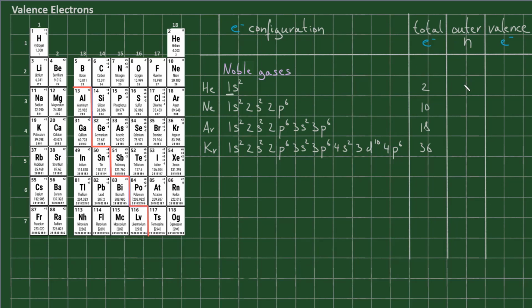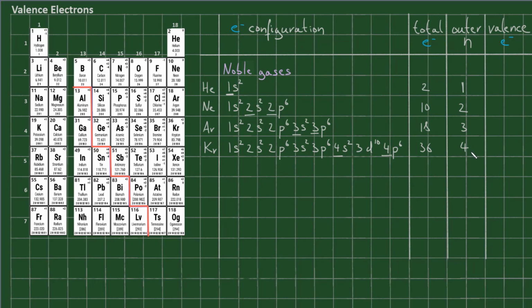So I'm going to write 1 in my outer n column. For neon, the highest principal quantum number is 2. So that will go into my column. For argon, the highest principal quantum number is 3. So I will write that. And finally, for krypton, the highest principal quantum number is 4. So I'm going to write that in my column as well.